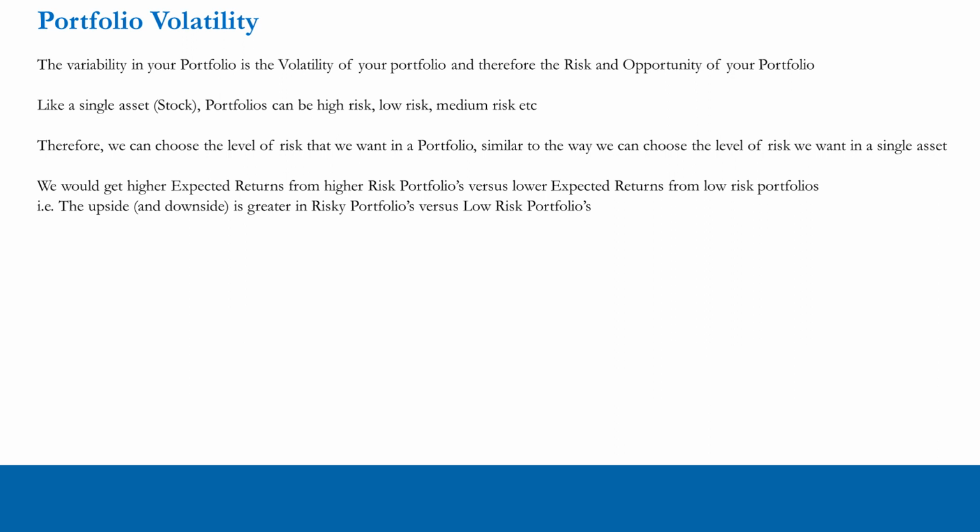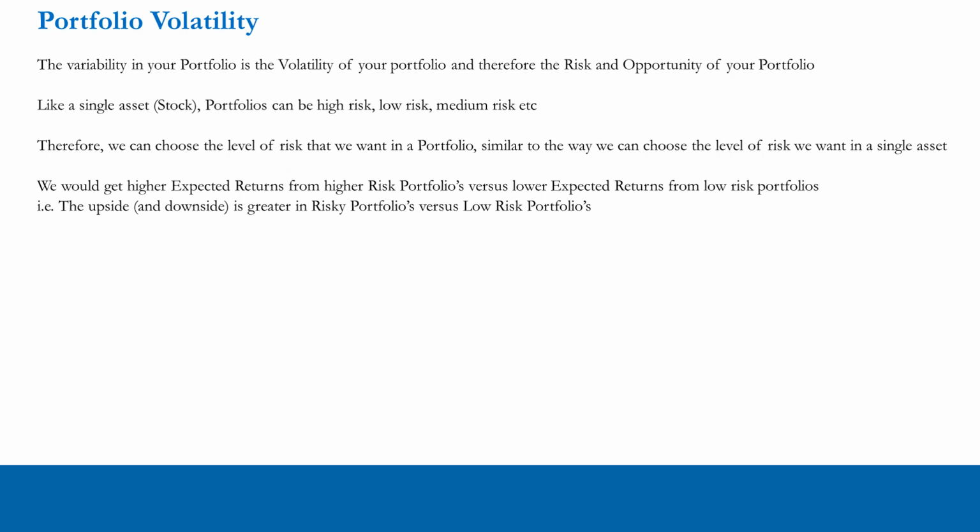If we choose the level of risk that we want in a portfolio, we would get a higher expected return from higher risk portfolios versus a lower expected return from lower risk portfolios. So the upside and the downside is greater in risky portfolios versus low risk portfolios.